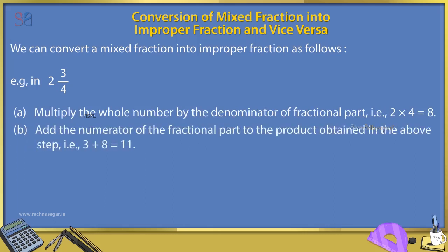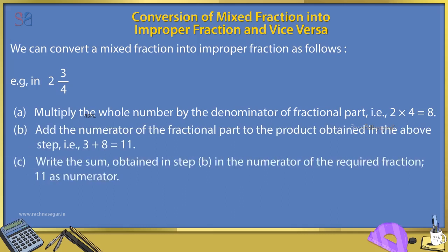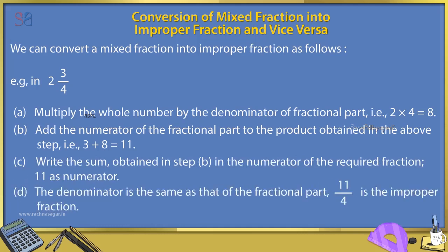B. Add the numerator of the fractional part to the product obtained in the above step, that is 3 plus 8, which is equal to 11. C. Write the sum obtained in step B as the numerator of the required fraction, 11 as numerator. D. The denominator is the same as that of the fractional part. 11 by 4 is the improper fraction.